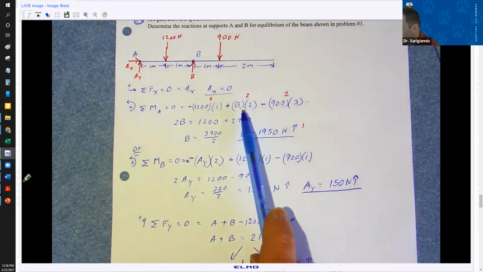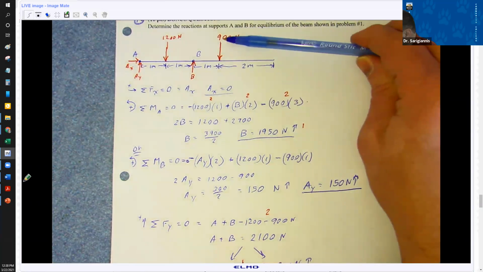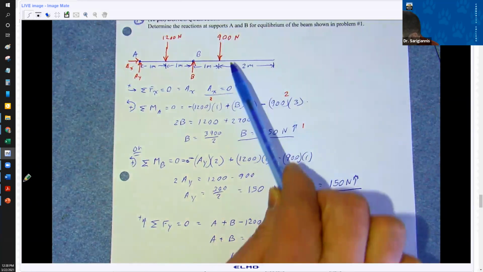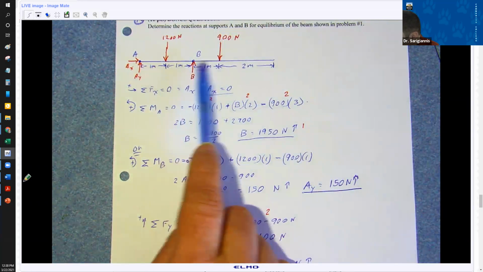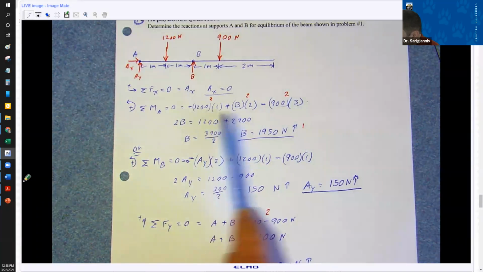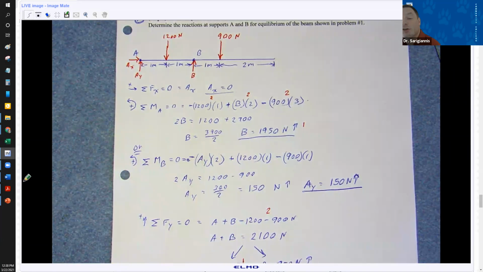This is the moment, right? Force times the distance. Now I've got another moment here, negative, because it's generating a clockwise moment. 900 newtons times 3 meters. So I have an equation here that I can solve for B. B is basically 1950 newtons upward.